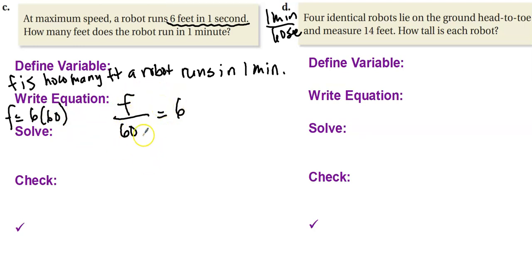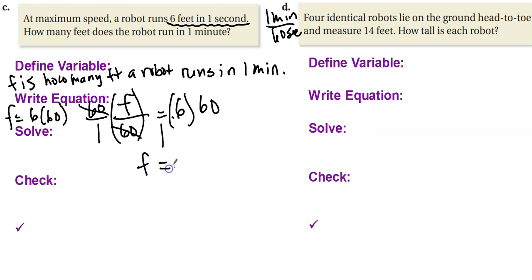Okay, so I look at the equation and I undo division by multiplying. So I'm going to put parentheses around both sides, and I'm going to put times 60 over here. Notice that 6 is a whole number, so I don't need to turn 60 into a fraction. But over here, I'm turning 60 into a fraction over 1, and then the 60s will cancel out, leaving me with F equals, oops, looks like I almost put a decimal in there, but it's not a decimal.